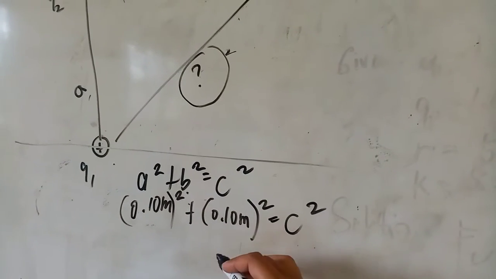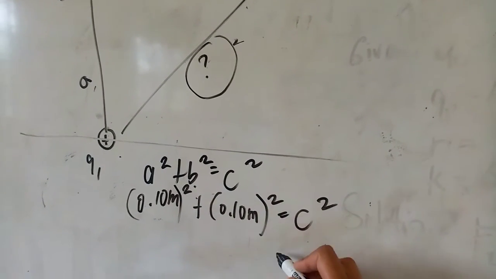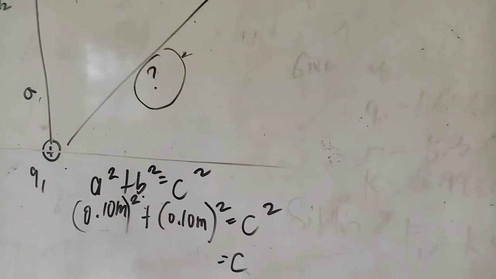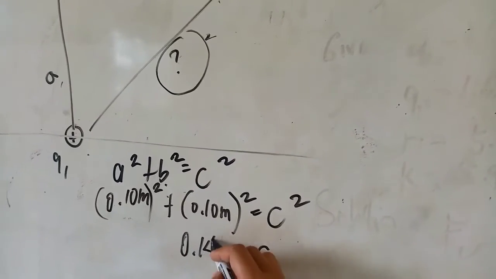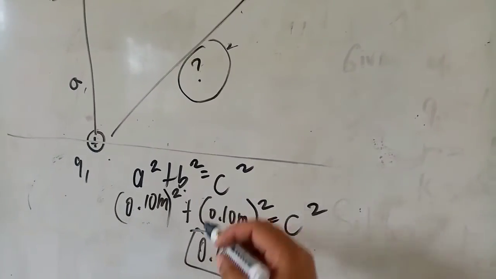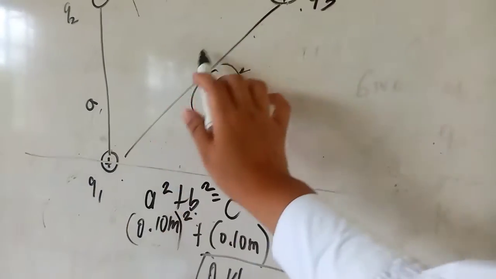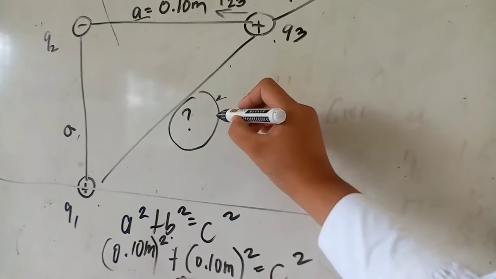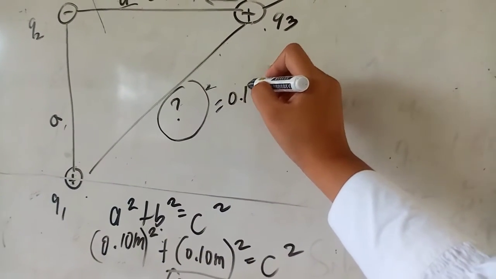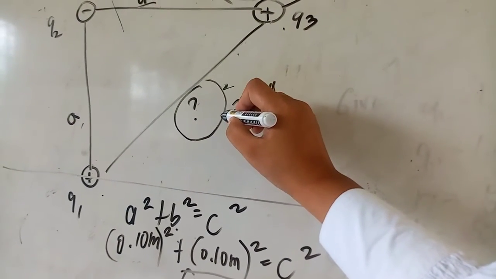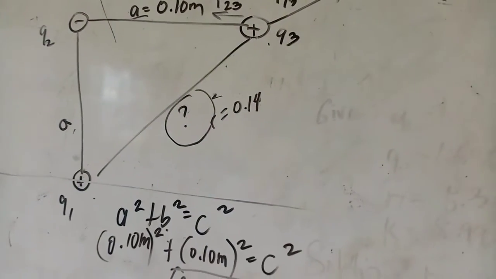Manipulating this with your calculator, you will find that c is equal to 0.14. So 0.14 is the distance from charge 1 to charge 3. Let's call this R.